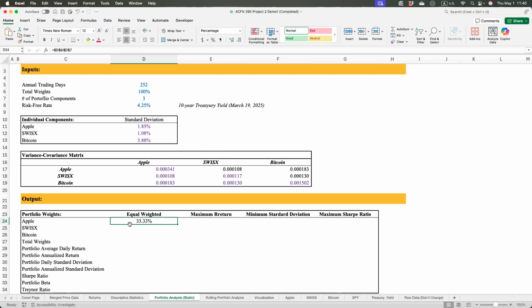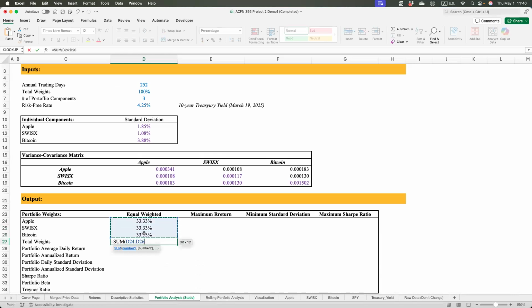And of course, if we equal weight three components, it will be roughly 33.33%. Since I anchored both numerator and denominator, all three are going to be the same weights, and you can double check the total weights here. Again, the total weights should be 100%. That's going to be one of our constraints when we do the optimized portfolios. So we take them together. Now we have the weights set up.